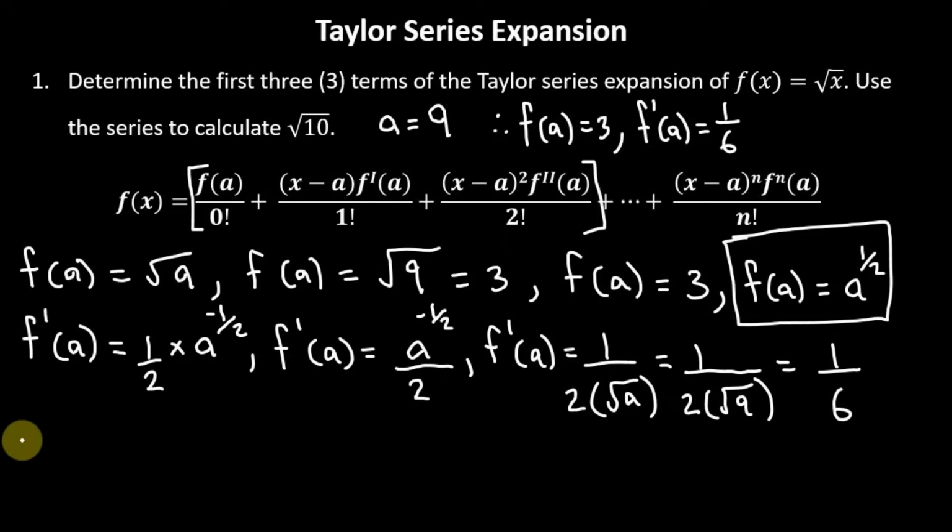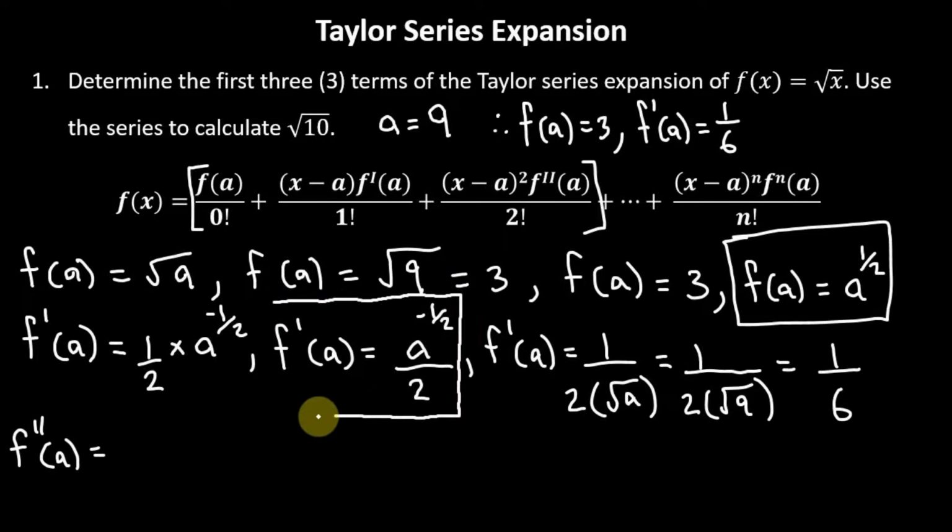So we need to find the second differential of f of a, and to do this we're going to need the first differential function, and we can use this one here.